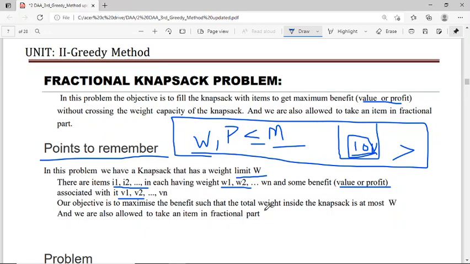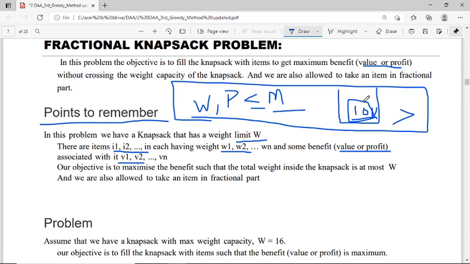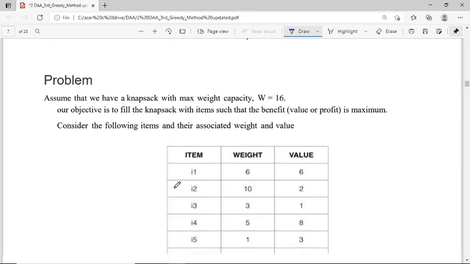Here you will have a question about what a fraction is; I will tell you. Assume that we have a maximum weight capacity of 16. Take it as 16 kg, for example.